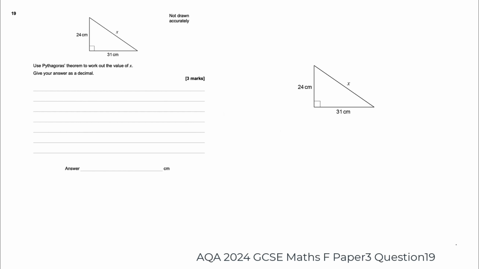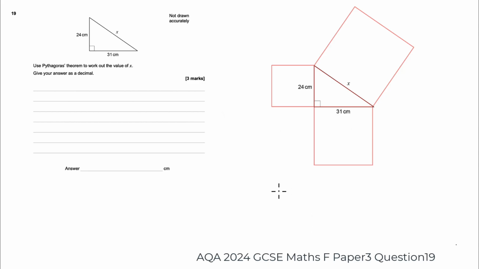Here it is. So we can now imagine the squares that are sitting on the sides of this right-angled triangle. And remember from the animation that we saw, the area of the large square, the hypotenuse squared, would be the sum of these two smaller areas. So x times x, x squared, this big area there, would be 24 times 24, 24 squared, plus 31 times 31, 31 squared.